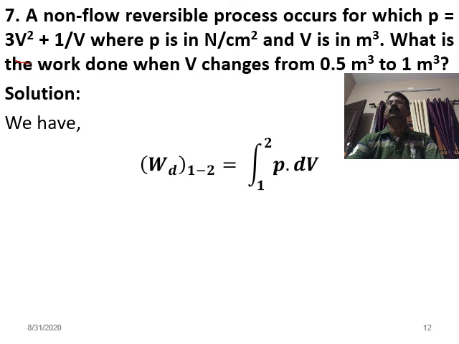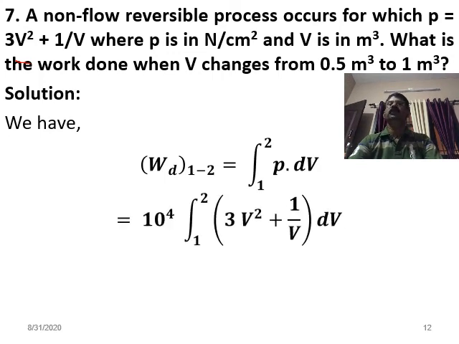So you know the general expression for work done, WD from 1 to 2 is equal to integration from 1 to 2 P dV. Now in place of P, as I told you earlier, you have to multiply 10 to the power 4 to 3V square plus 1 by V. That 10 to the power 4 being constant, it is taken outside the integral sign in the beginning itself.